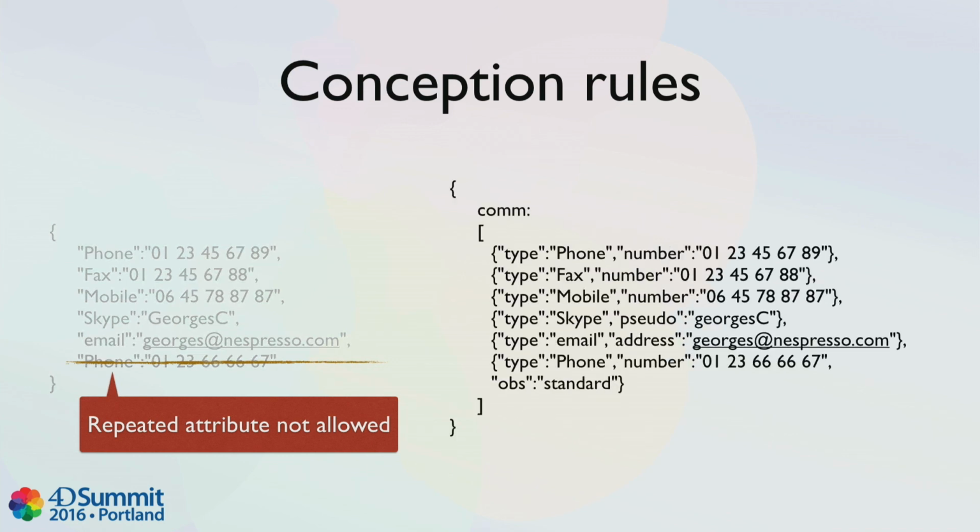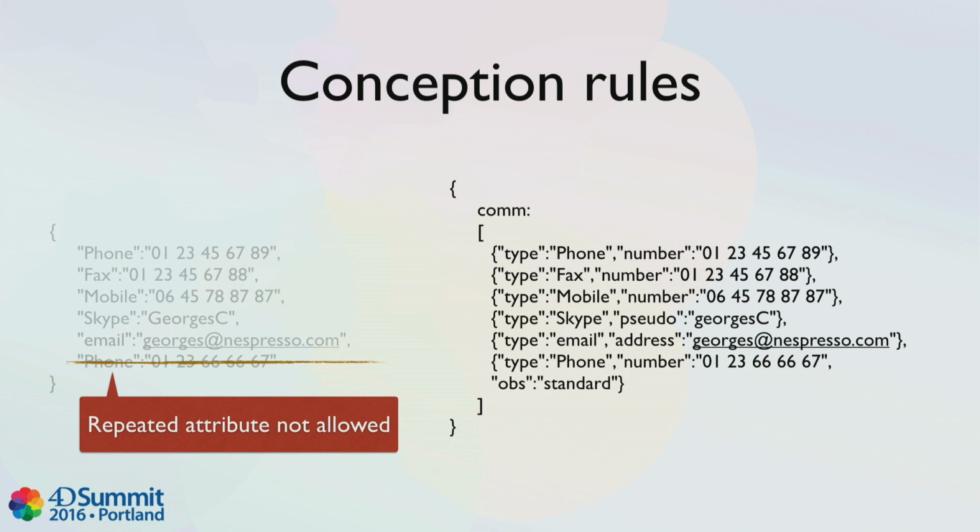So this structure of the object is better. You have a type: phone, fax, mobile, Skype, email, maybe Snapchat, Facebook. And you may add an extra attribute for observation.